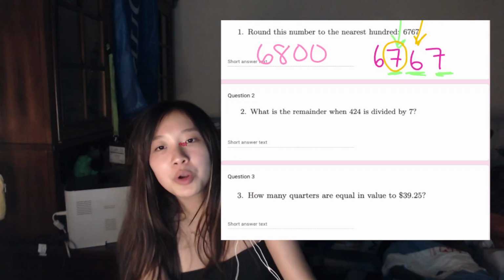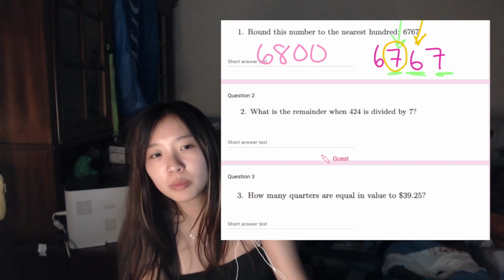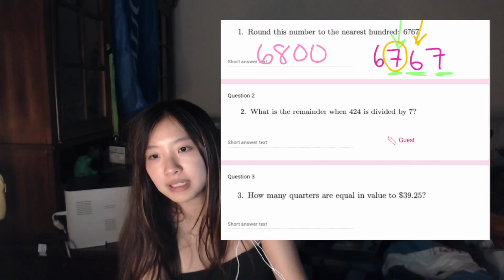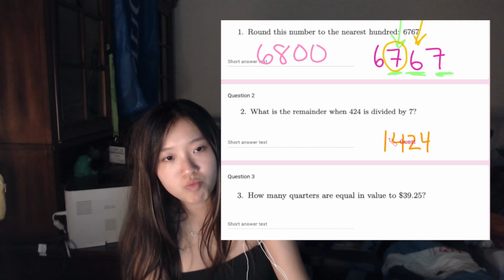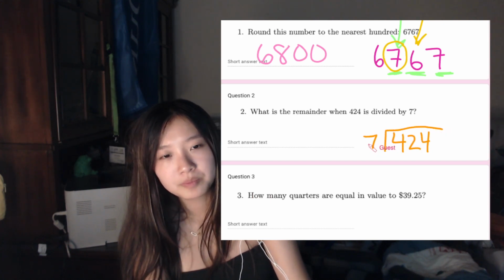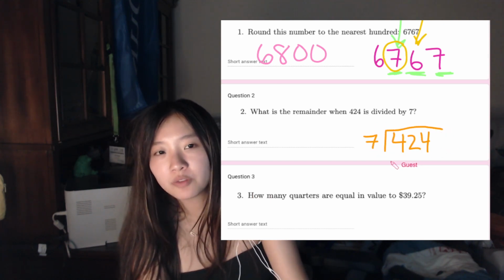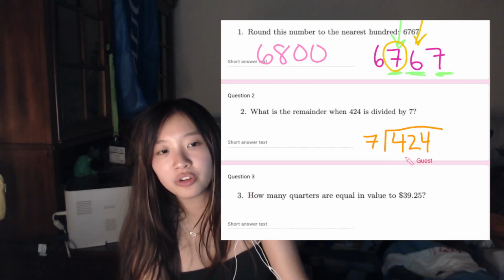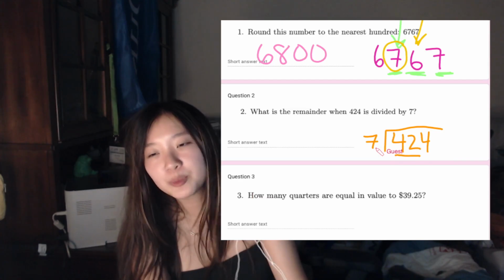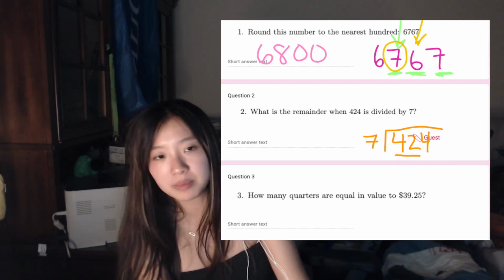Amazing. Now we're going to go on to the next one, which is, what is the remainder when 424 is divided by 7? Well, let's just start. I'm going to do a little bit of division here. What is 424 divided by 7? Let's just start here. What is 42 divided by 7? Well, that's pretty easy. That's 7 times 6.